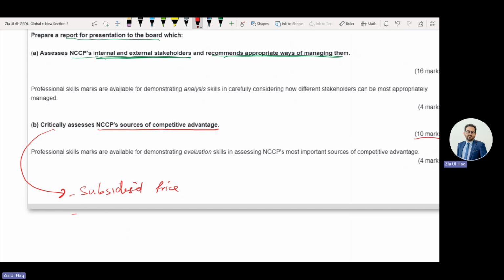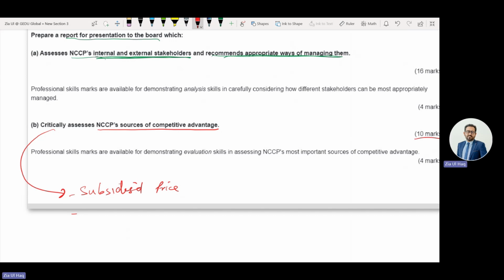The company is offering what? Training courses, education courses at subsidized prices. Subsidized price means the price is lower as compared to the market, meaning they are not even charging the full cost of the course to the participants. Based on these subsidized prices, participants will prefer to attend the courses. This means the company will be able to maintain their business operations and keep their courses running.